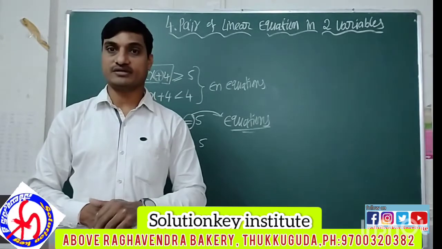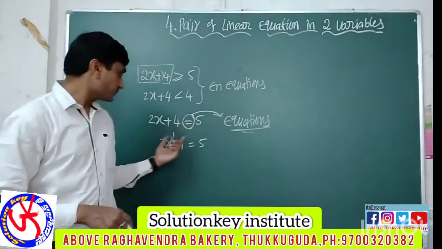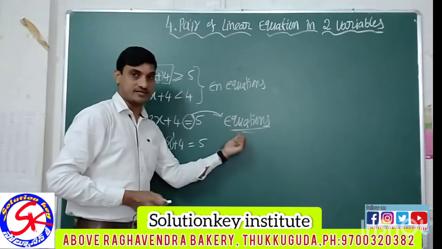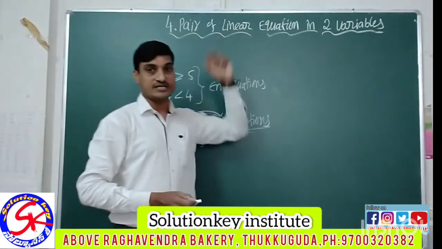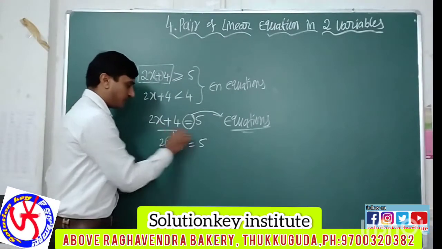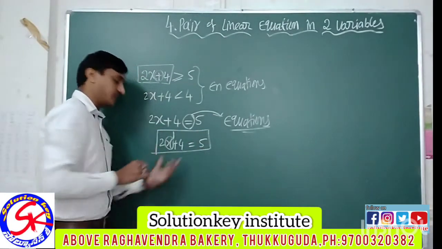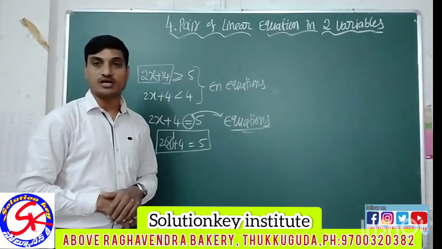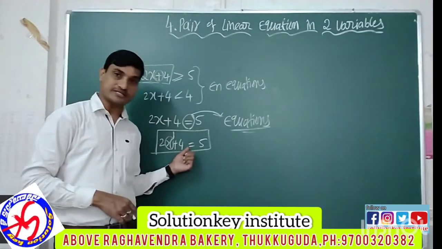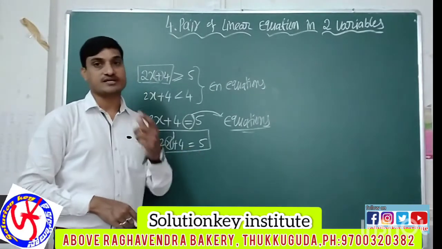Is it clear to everyone? Next, come to the point. You know the terms equations and inequations. And what is a linear equation? If the highest degree of the polynomial is 1, then the polynomial is called a linear polynomial. If there is an equal to symbol, then it is an equation.